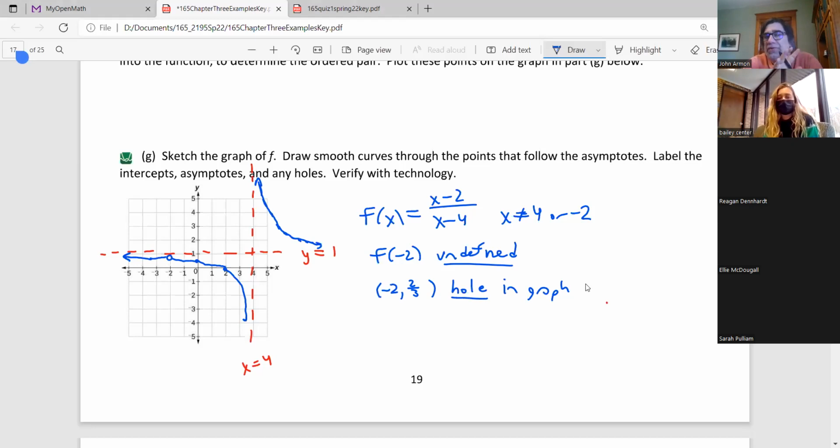So I just want to point out, most every single problem like this, not in the domain, will turn into a vertical asymptote. But if both the numerator and denominator are factorable, there is a possibility that you'll get a hole in the graph.